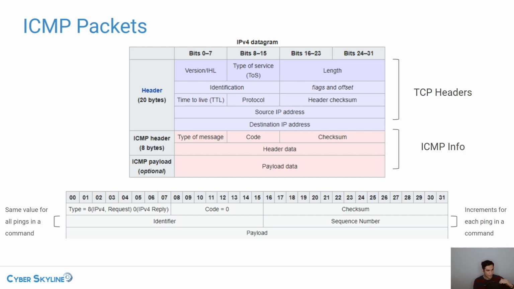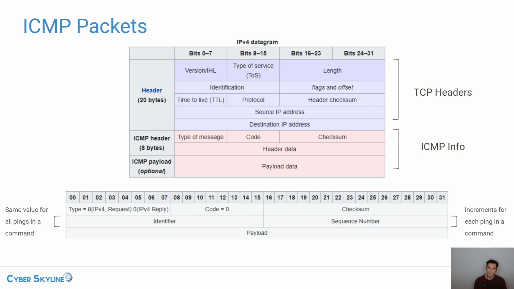These 4 fields collectively form the header, which is 8 bytes long. That's 1 plus 1 plus 2 plus 4, right? So that's 8. Those are the only values that we care about today. Those are the values that we will see in our demonstration today when we actually run the ping command.